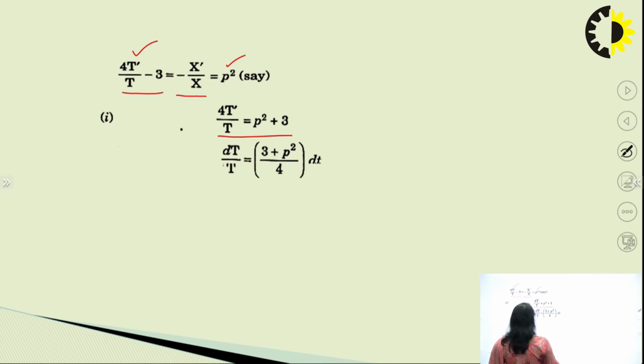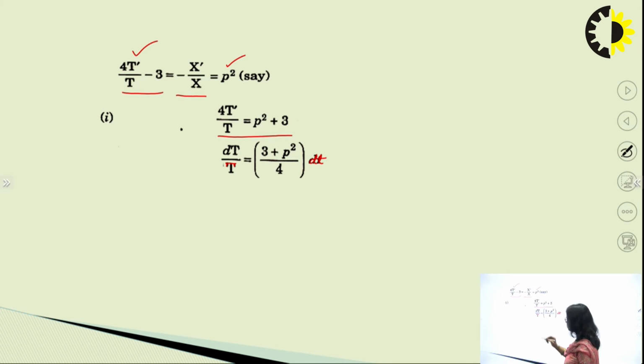So I am getting dT upon T equal to 3 plus p square upon 4 dt, that is d small t. So I integrate both sides.